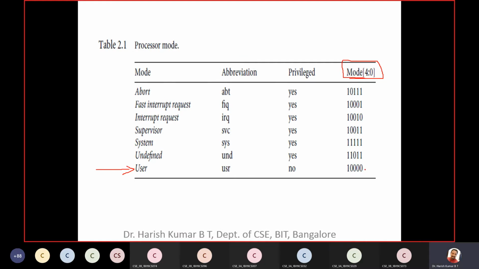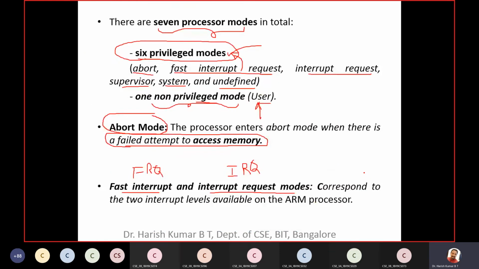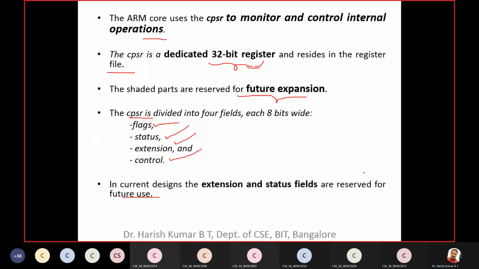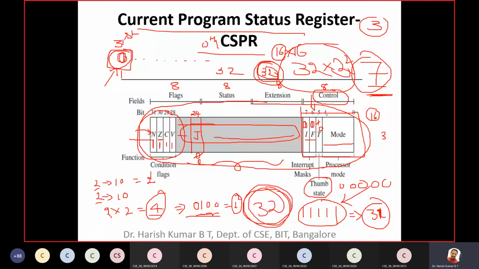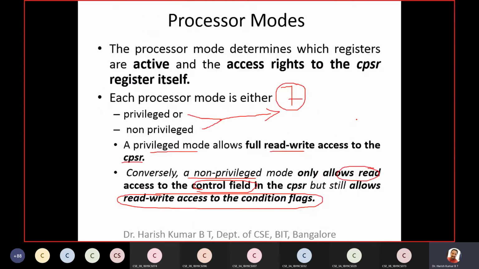No. So this is the value: 4th bit is 1, 3rd bit is 0. If in the Cpsr register the 4th bit is 1 and the remaining 4 bits are 0, 0, 0, then your microcontroller is operating in the user mode.